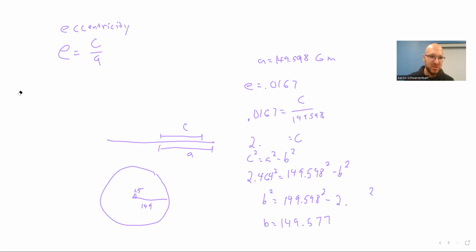I did 147.598 instead of 149.598. So this is actually 2.49. That's 577. It's very close. It's a little bit skinnier. The Earth's orbit is a little skinnier on one side than the others. You don't really notice it in seasons because that's more about the changing of the direction of the sun.